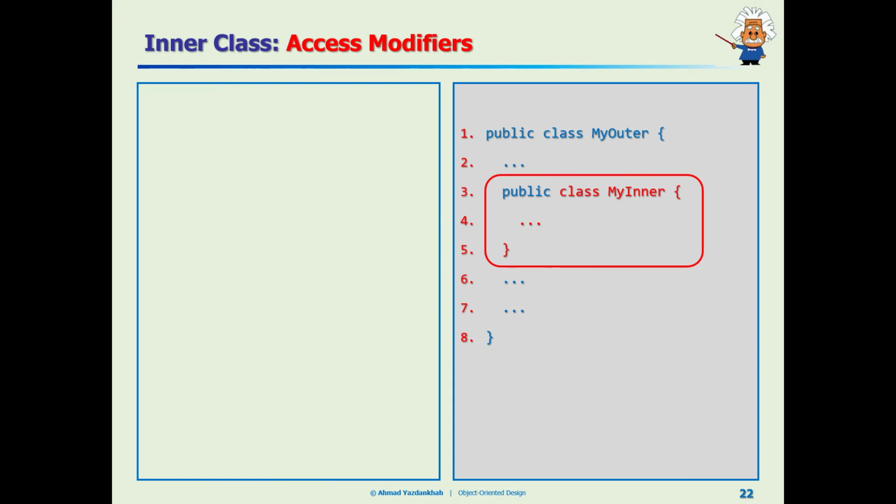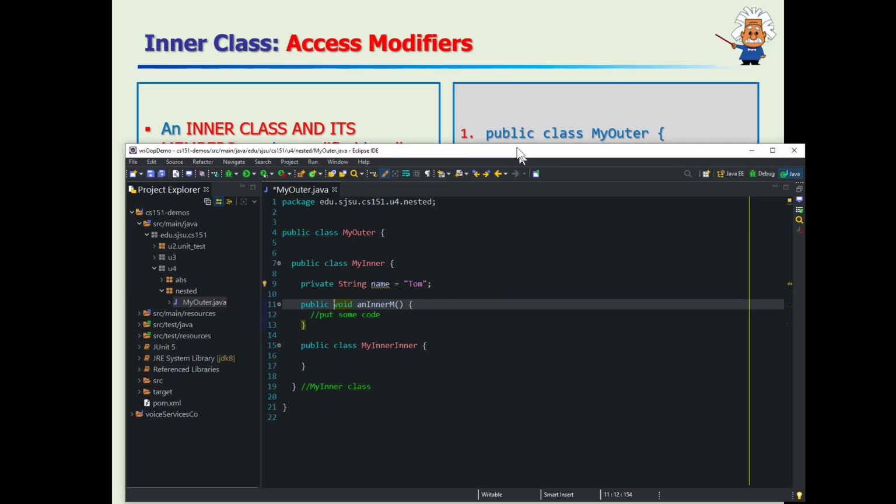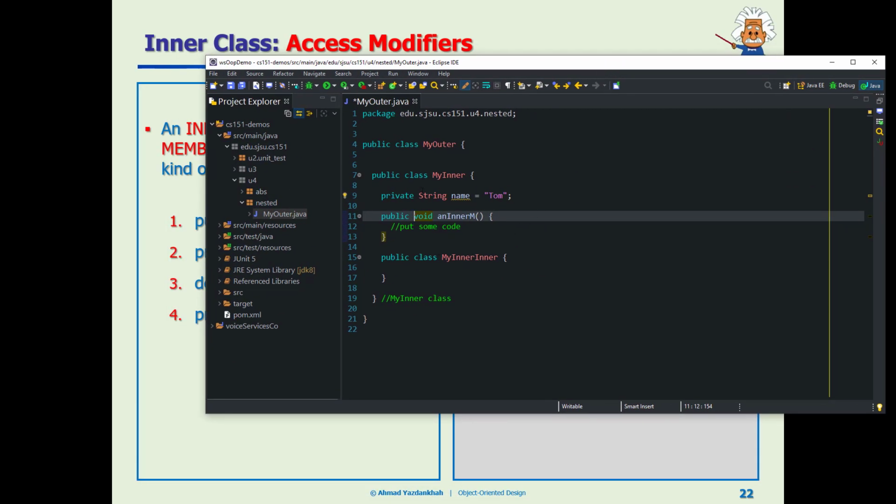All right, so how about the access modifier? An inner class, and its members can have all access modifiers. Is this true? Yeah, let's check. So this is inner class. The inner class itself, let's make it private. Yeah, that's fine. Remove it as a default. That's fine. Protected. Yeah, that's fine. And the same thing for the other.